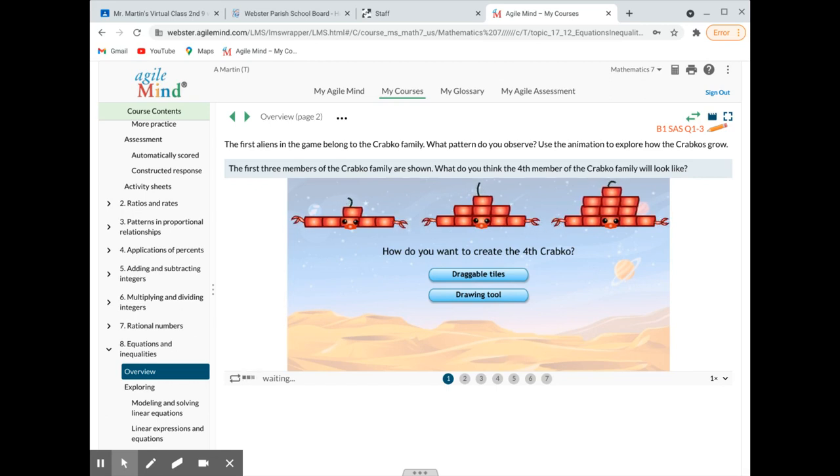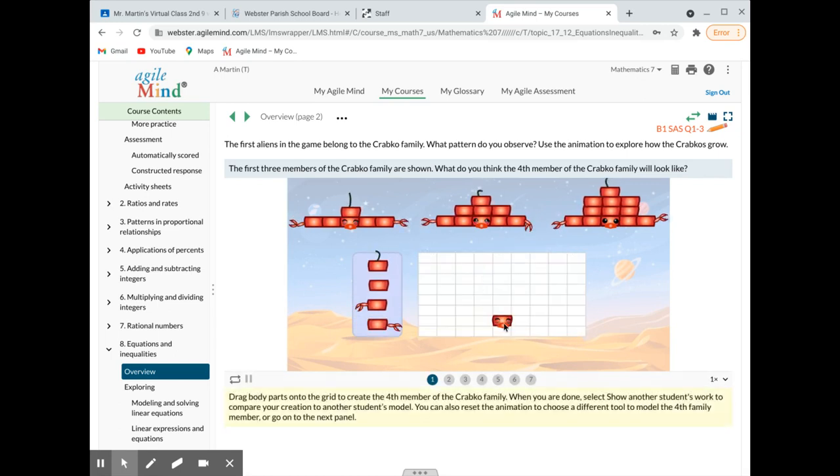How are they getting taller? Like what's happening every time? We're adding to them. How many are they adding as it gets taller? 3. 3 in the middle or the bottom or the top? The middle. All right. So let's try to create this. So we've got this little dude.